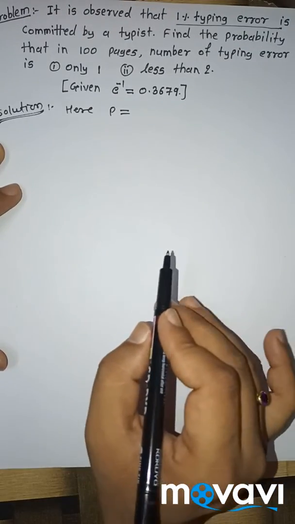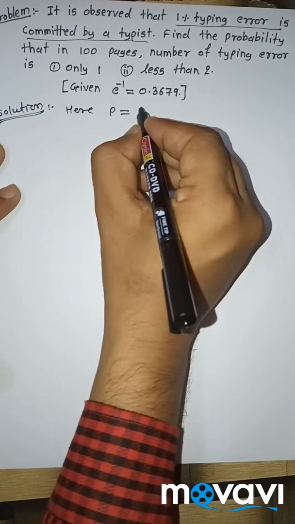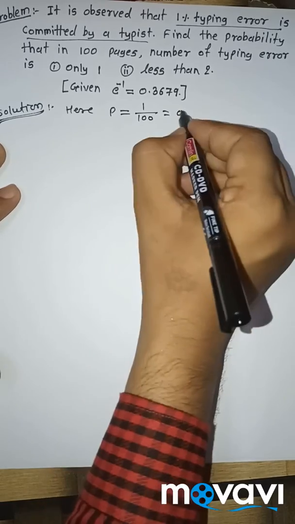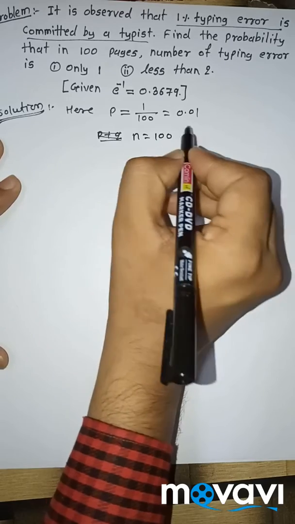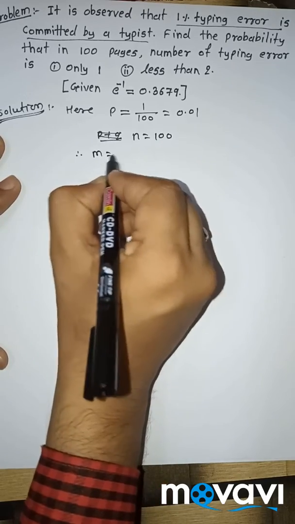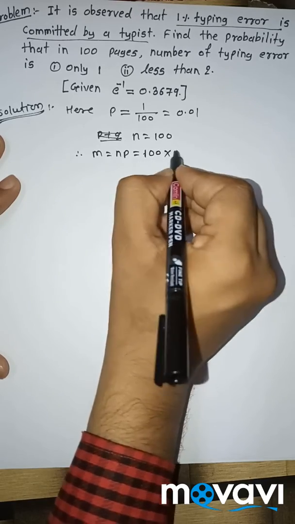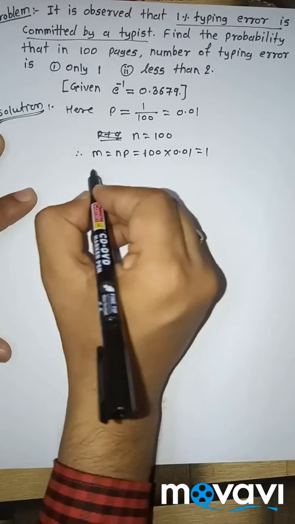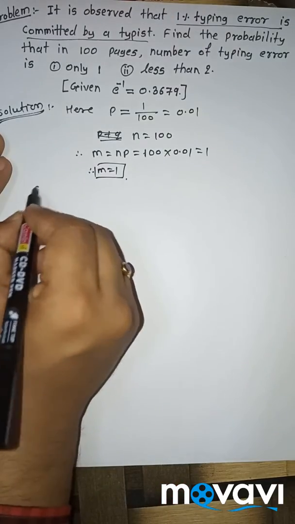Here 1% typing error is committed by a typist, therefore p is equal to 1 upon 100, and this is equal to 0.01, and value of n is 100. We know that m is nothing but n into p, n is 100 and p is 0.01, means m is 1.